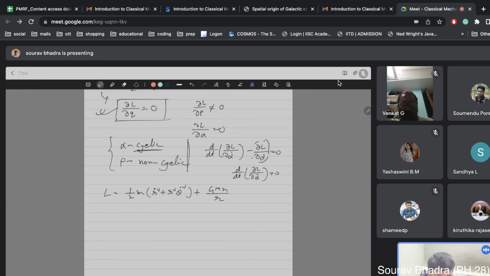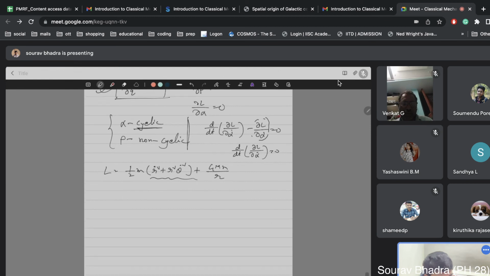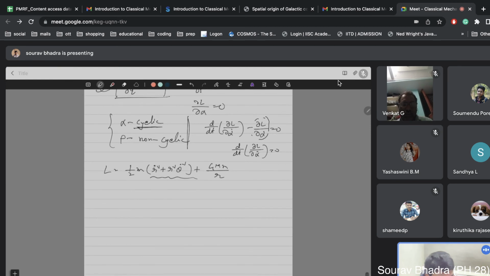The same thing will be here. At first you have to find which is the cyclic coordinate. In this equation there is theta dot but no term with theta only, that means theta is the cyclic coordinate here.